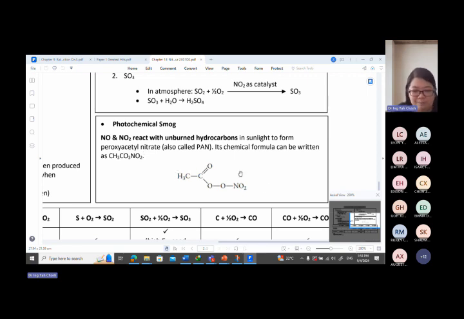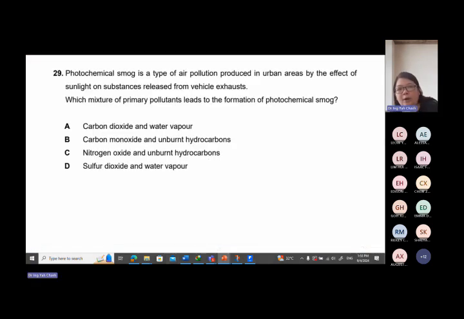Now, go back to the question. Which mixture leads to this formation of photochemical smoke? So you see, nitrogen oxide and unburned hydrocarbon. So the answer is C.